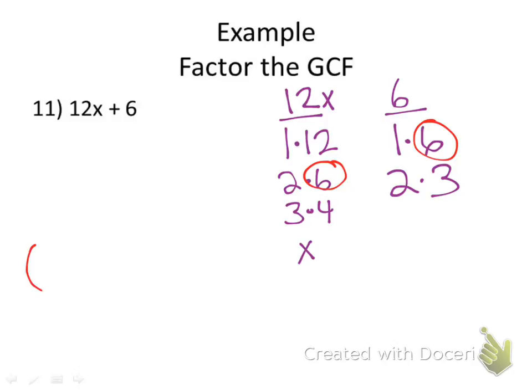So what I'm going to do is pull a 6 out to the front, open up a set of parentheses, and then divide each of those terms by 6. What is 12 divided by 6? 2. You had an X. Did you take an X out? No. So the X stays the same.